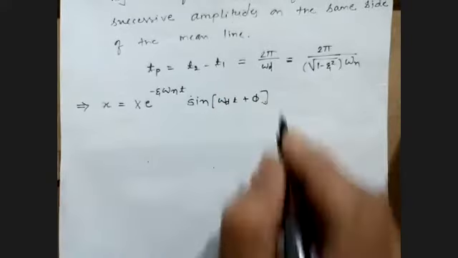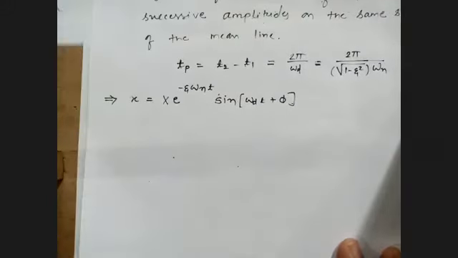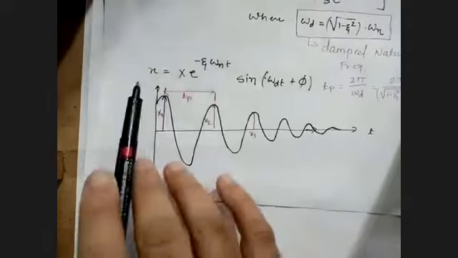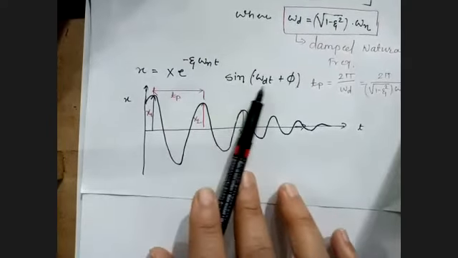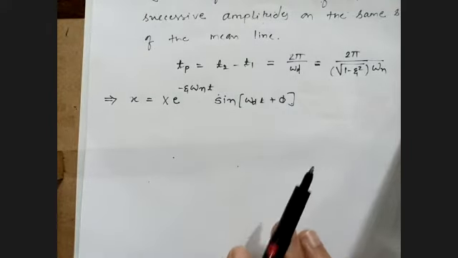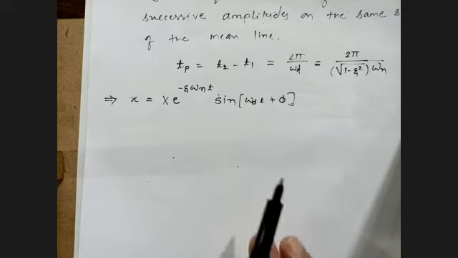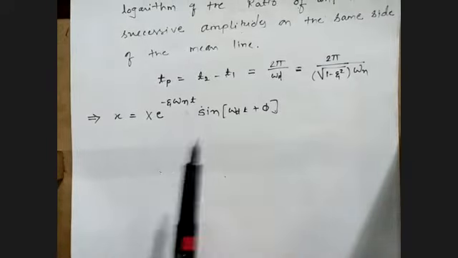Again, I said this is not a new thing. We are using the same equation as we already obtained here. You can see x is equal to capital X e raised to minus zeta omega n t sine of omega d t plus phi, right? This is my first equation. Now, if I want to find out the response, what I need to do is use t1. So here I'm writing again.